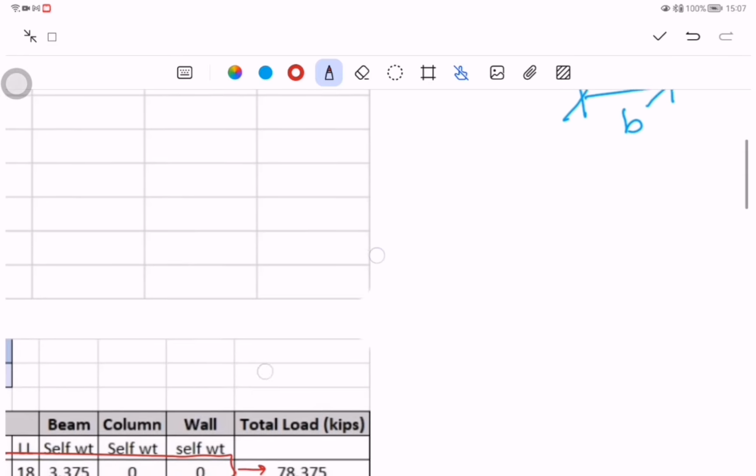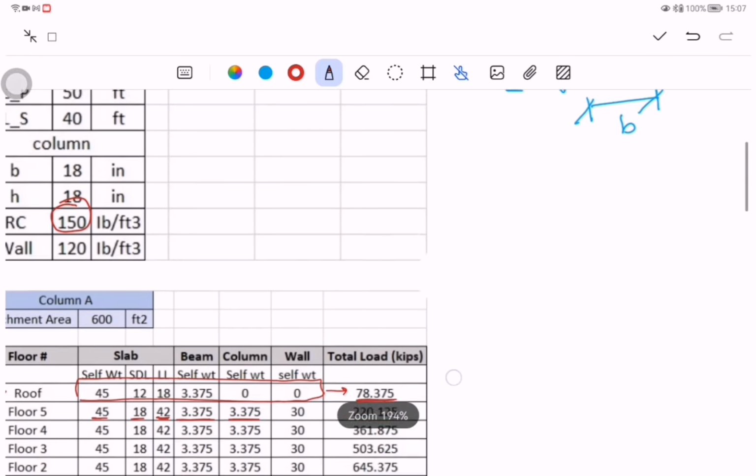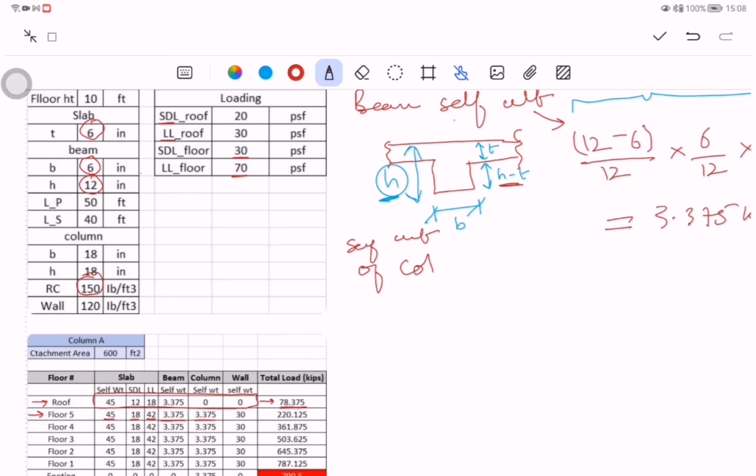So what you will do, you calculate it. How do you calculate it? The self weight of the column will be the cross section of the column. We know it is 18 by 18, so 18 divided by 12 multiplied by 18 divided by 12 multiplied by the length of the column. What is the length of the column? 10 feet.